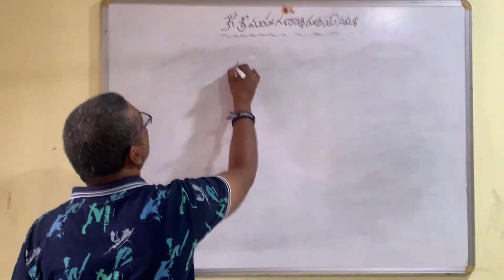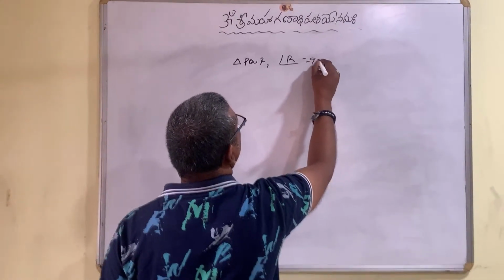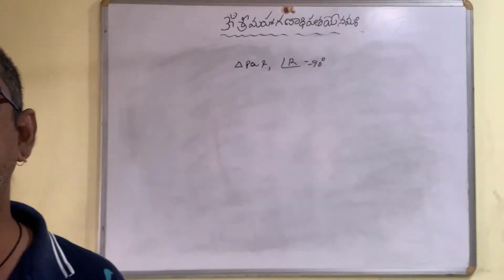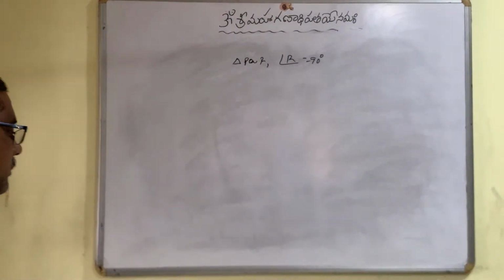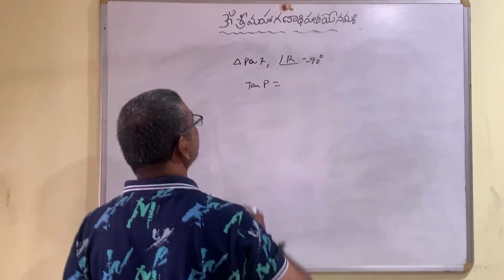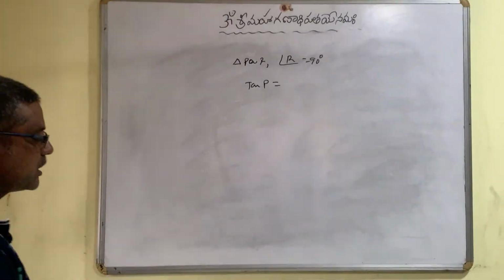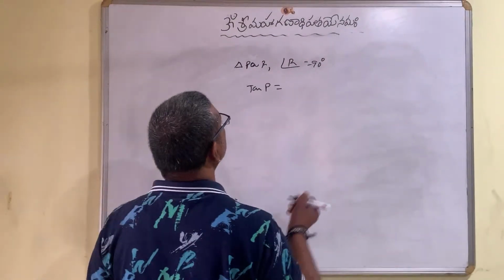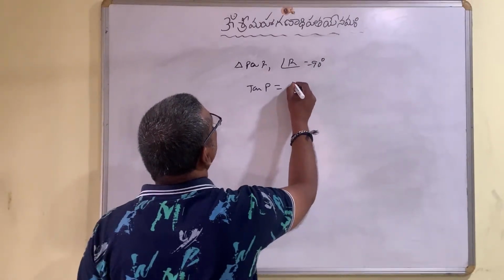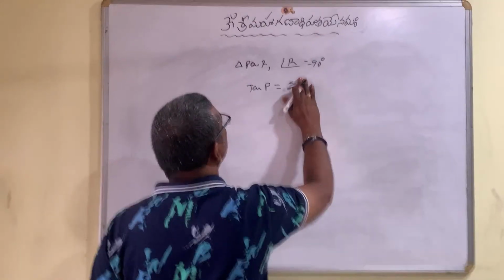Now there is a triangle PQR, right angled at R. Tan P is equal to 5 by 10, let it be 1 by 2.